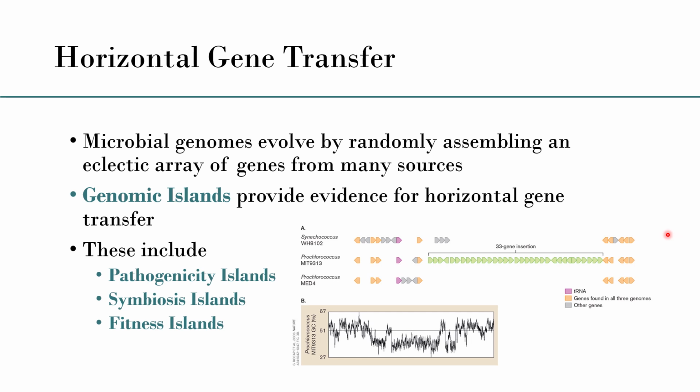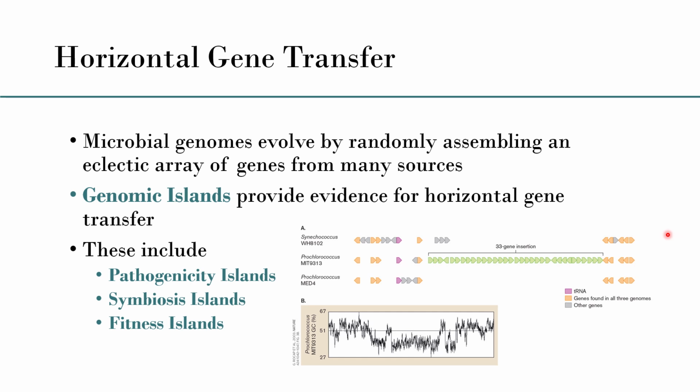And then one last thing we're going to talk about: horizontal gene transfer causes some very interesting things to occur, particularly genomic islands. If we look at any given species of their DNA, take E. coli, it will have some percentage of CG content. Then you take maybe Salmonella, and it will have a slightly different percentage of CG content.